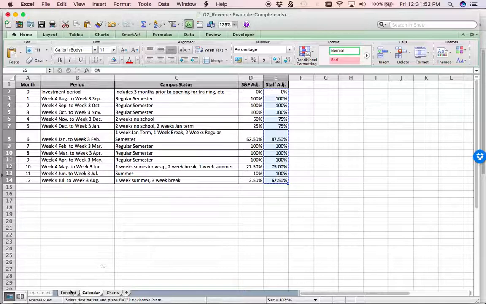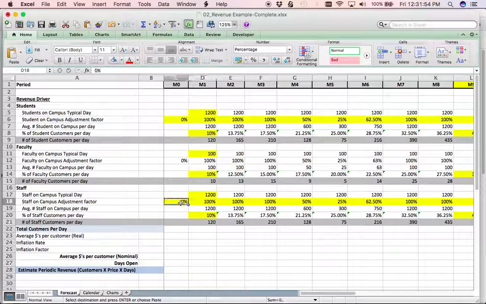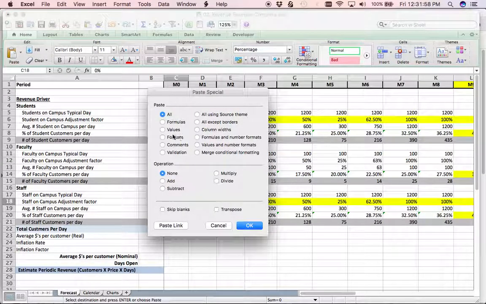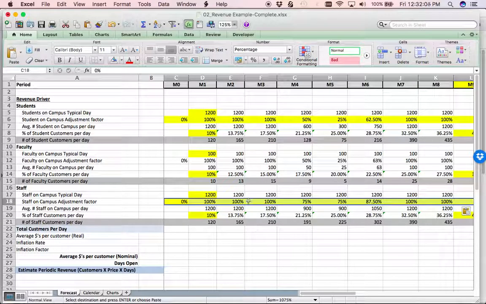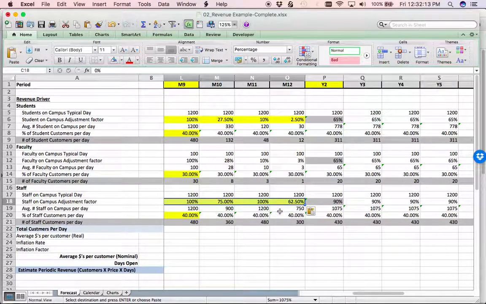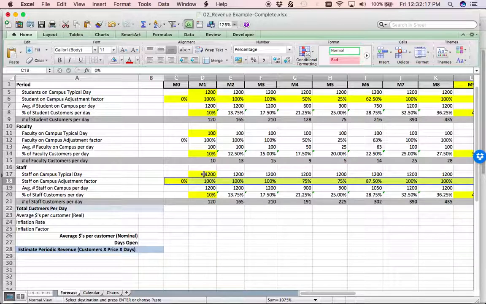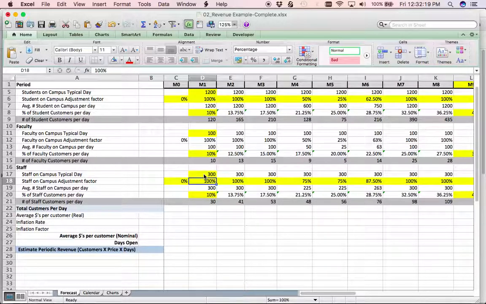Control C. And this time, to avoid having the lines come in, I'm going to do a transpose, but I'm only going to have it paste values, no formats. And that way it brings over the percentages that I want. It leaves highlighted all the things that I want. So it does all the good things that I want with it. I have to change myself to 300 faculty there. I've got my adjustment factors.